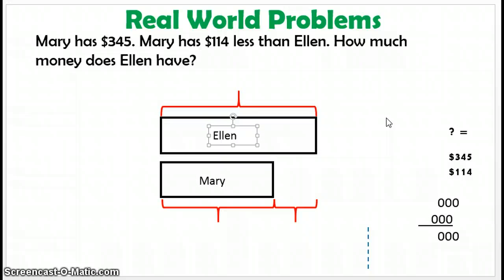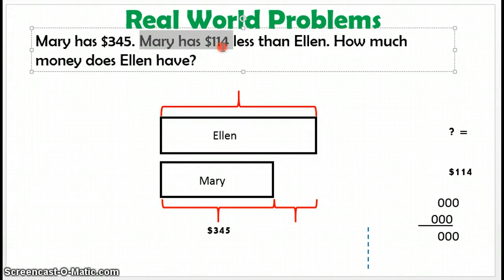And I've decided which one's more and which one's less. My next step is number 4, which is label with numbers. So if I read my problem again, it says Mary has $345. So we already know how much money Mary has. Now, the next part. Mary has $114 less than Ellen. This could be a little bit confusing. You might read this and say, Mary has $114. That's not true.